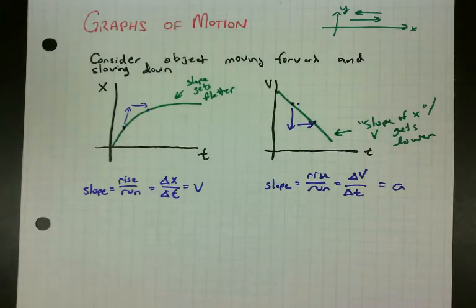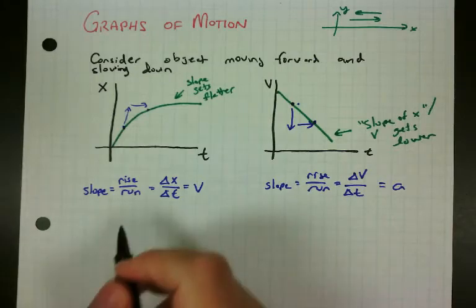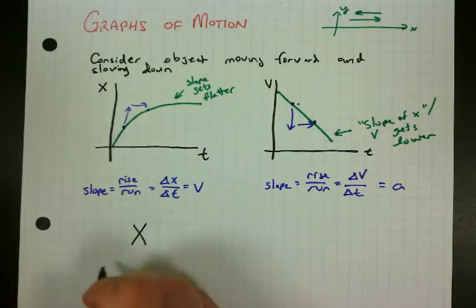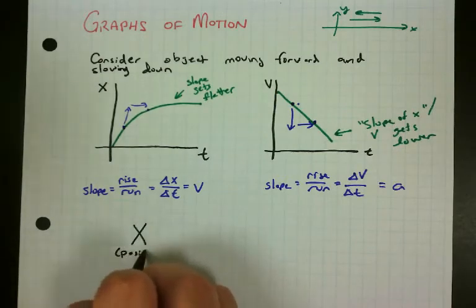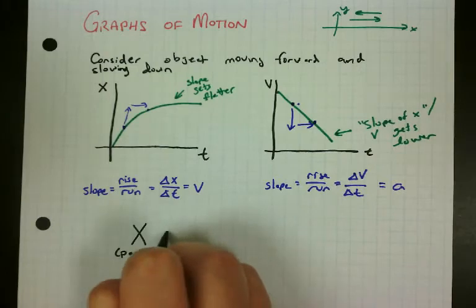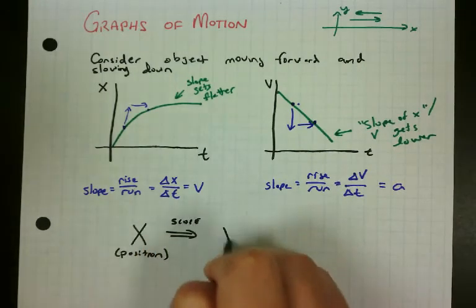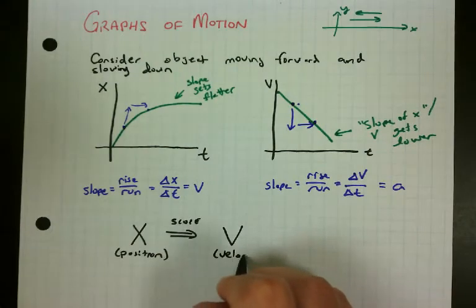The slope of a position graph gives you velocity, but the slope of a velocity graph gives you acceleration. I usually summarize this in something that I call the graphing roadmap. So if you start with x, which again is position, and you take the slope of it, you get v, which is velocity.